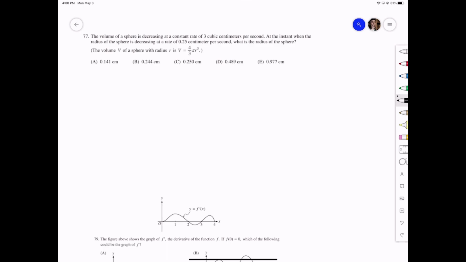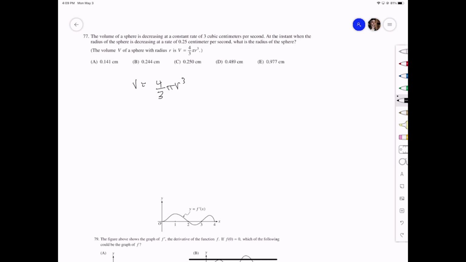Okay, so the two variables that we want to relate to each other are volume and radius. We already know the relationship between them: V equals 4/3 pi r cubed.